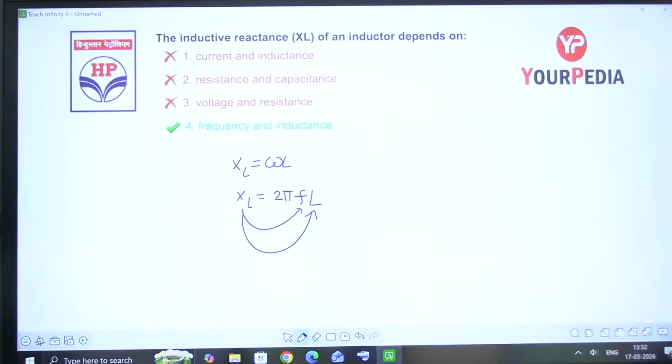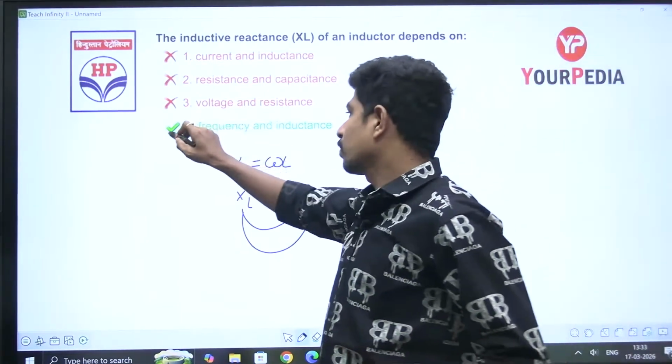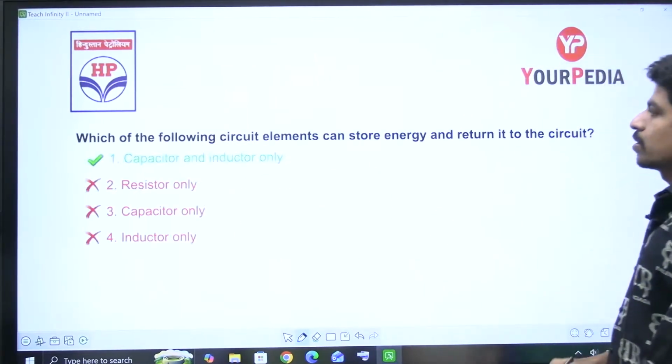Frequency and inductance: it depends on frequency and inductance, right? Yes. So you see the level of questions. Questions are very, very simple. The answer is option 4.